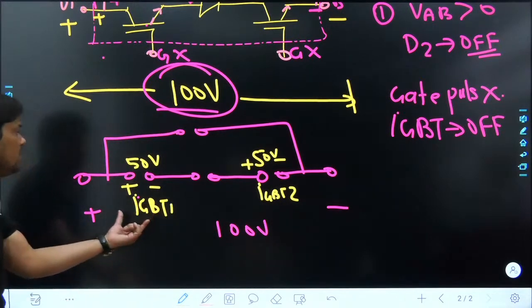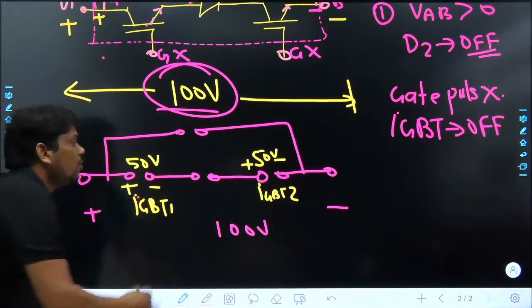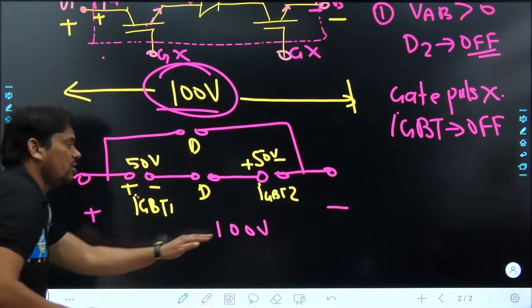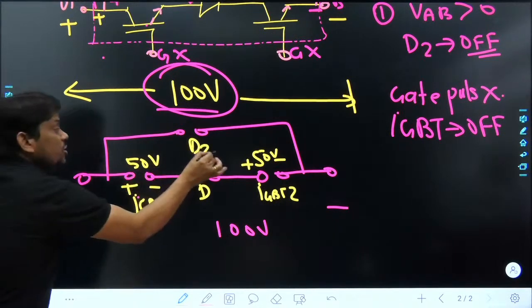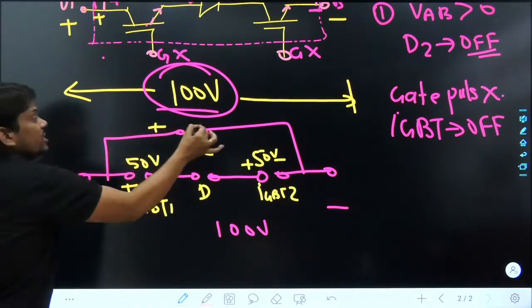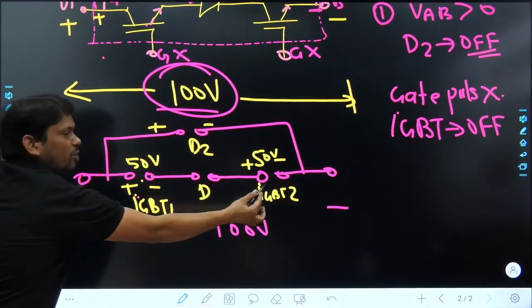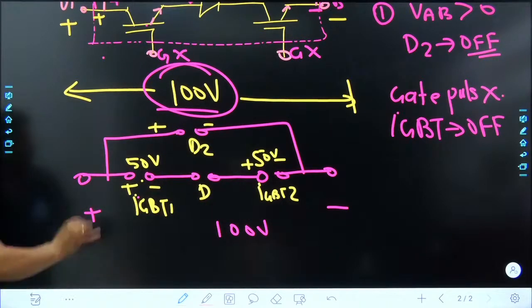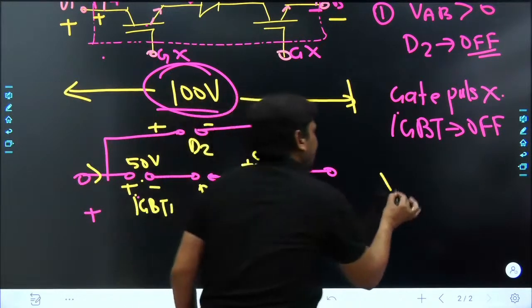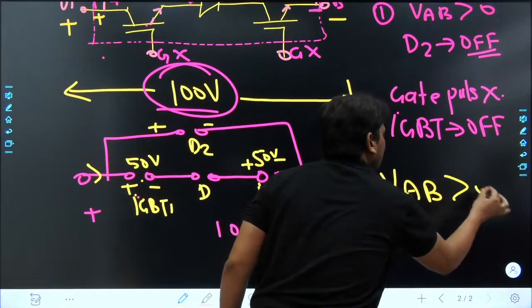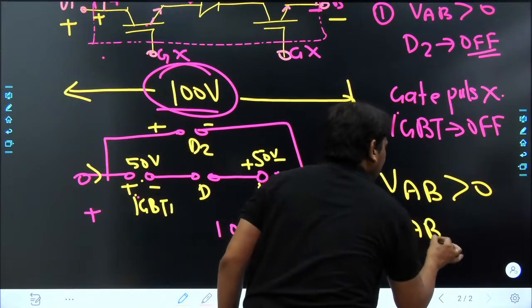IGBT1 and 2 can block positive voltage, whereas our diodes cannot block any positive voltage. So either this diode D2 will block the entire voltage in this fashion, or the IGBT will block positive voltage in this way. But still, no current will flow in any direction. So in this case, my dear friend, VAB will be positive and IAB is equal to 0.